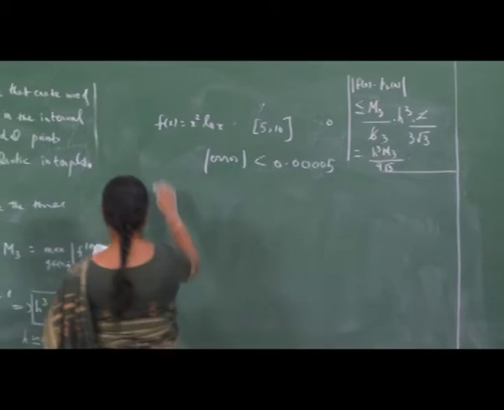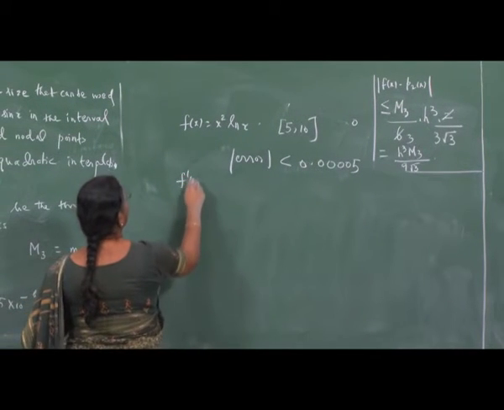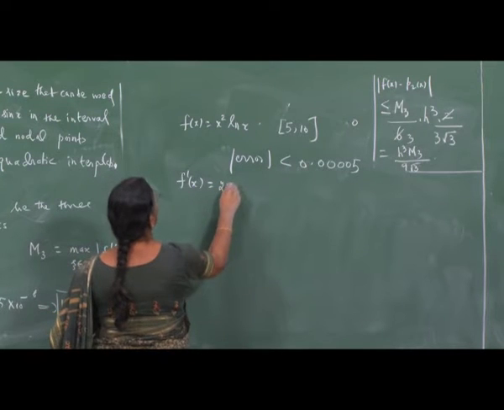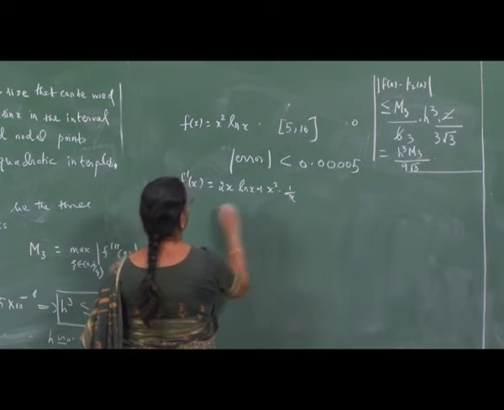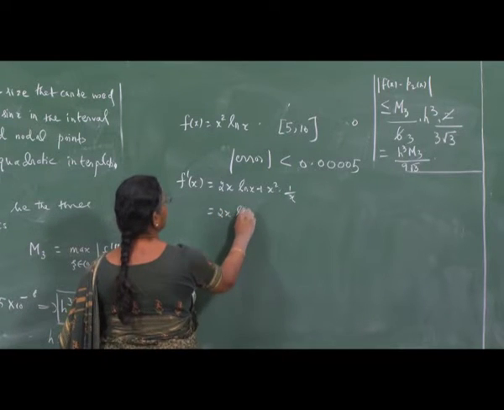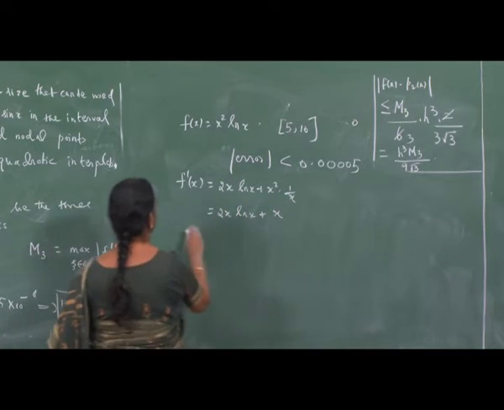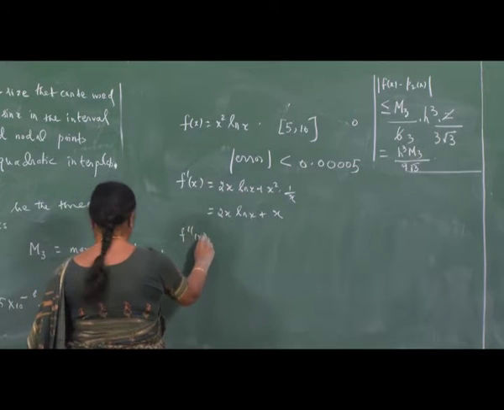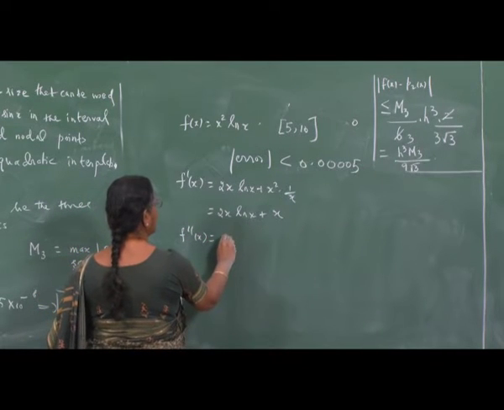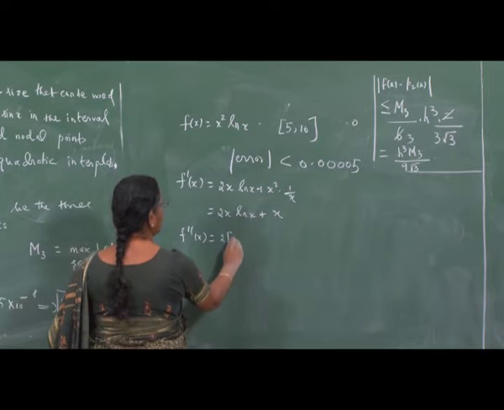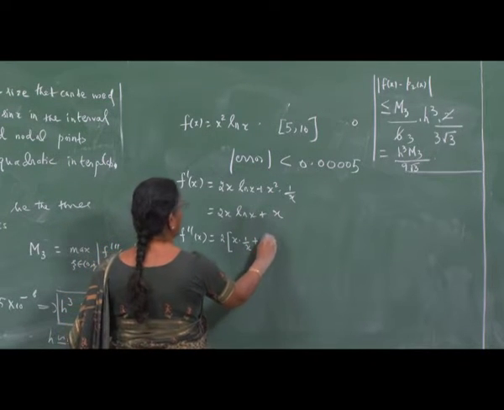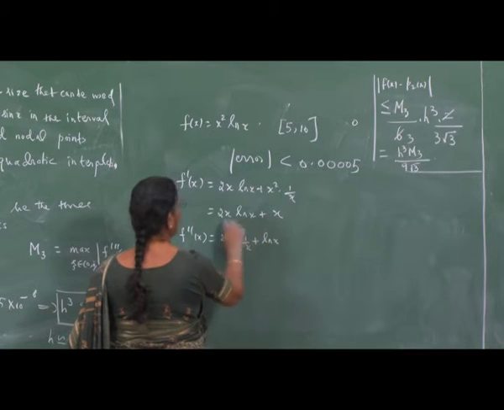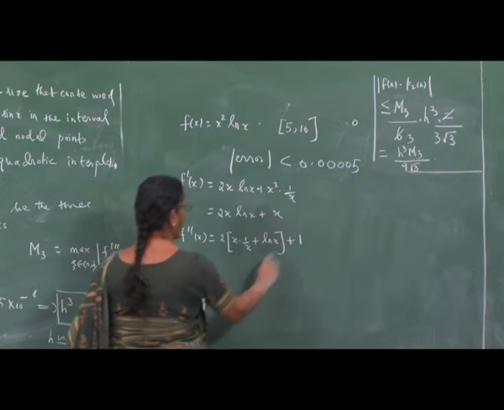So, what do we want? We require f dashed of x, that will be 2x into log x plus x square into 1 by x. So it is 2x log x plus x. We require f double dashed of x. So it is 2 into x into 1 by x plus log x into derivative of x plus 1.